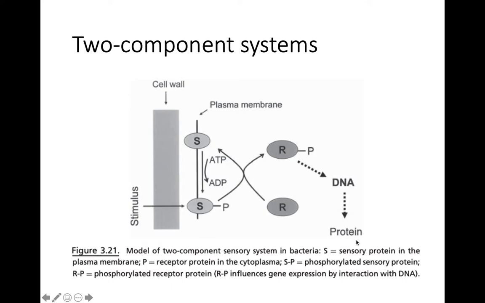So that's the basic discussion of what two-component systems are. You have your sensory protein and your receptor protein. That is why it is called two-component, because only these two are involved.